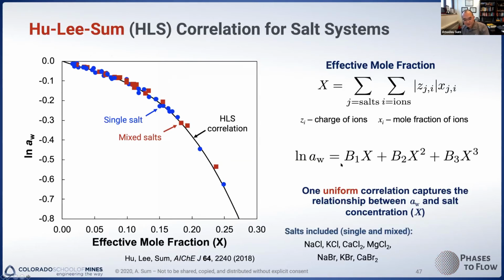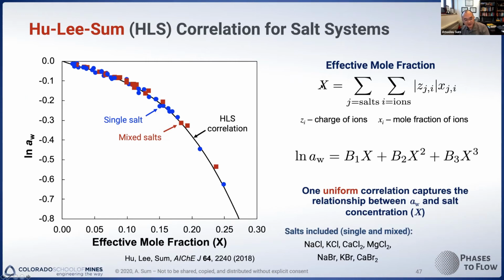Now, we have developed a correlation that we call the Hooley-Sum correlation that captures this water activity for any salt, any mixture of salts. And the key parameter here that we have introduced is what we call the effective mole fraction.